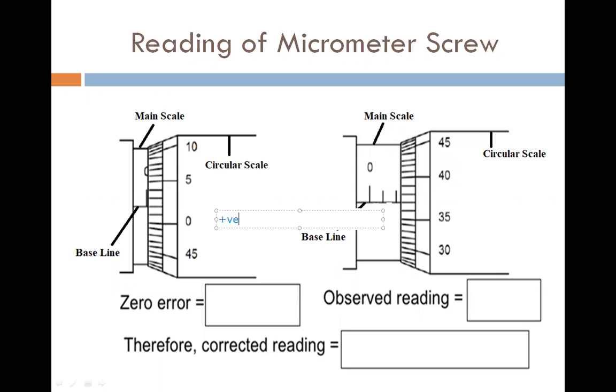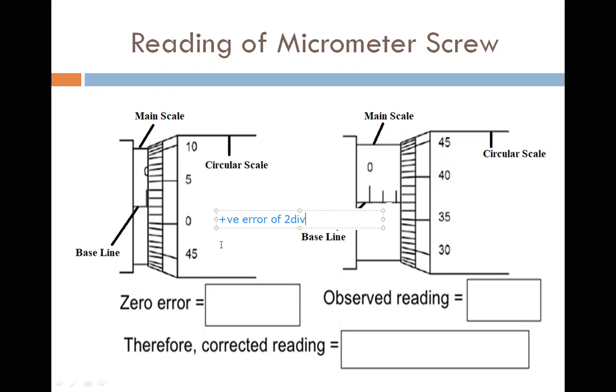Am I right? It is positive error. How many divisions of error are there? How many divisions has the zero gone below? So 1 and 2. There is a positive error of 2 divisions.